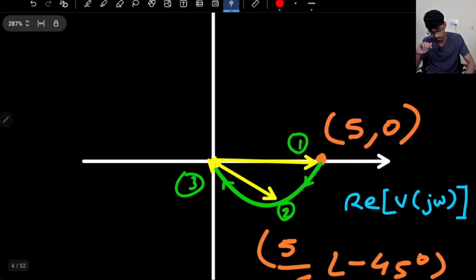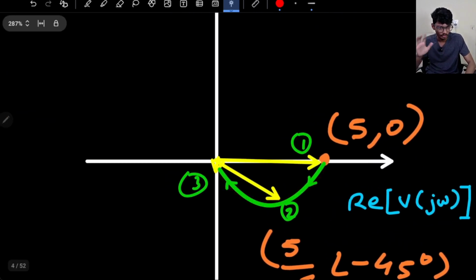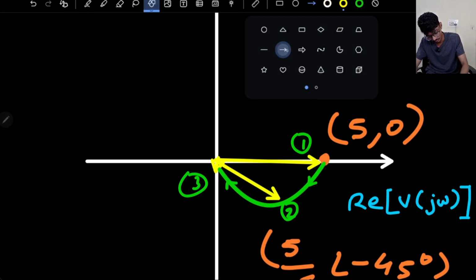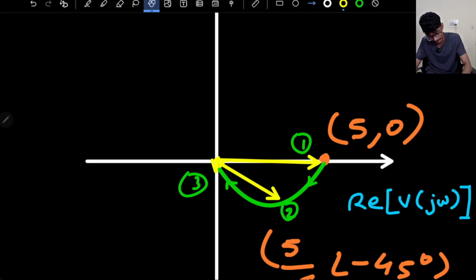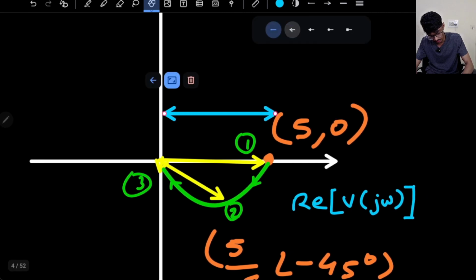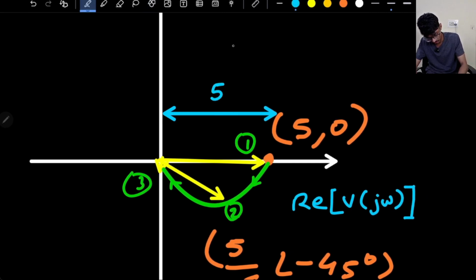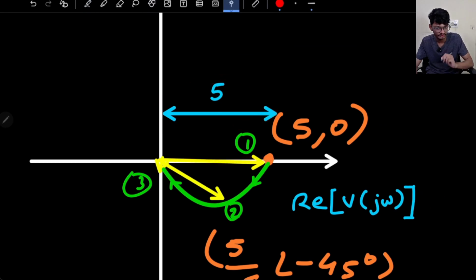So the first question can be, what is the diameter of the semicircle? If you solve this, let me use some other color. So the diameter of the semicircle will be 5 only, right? This will be 5 because the distance from here to here is 5.